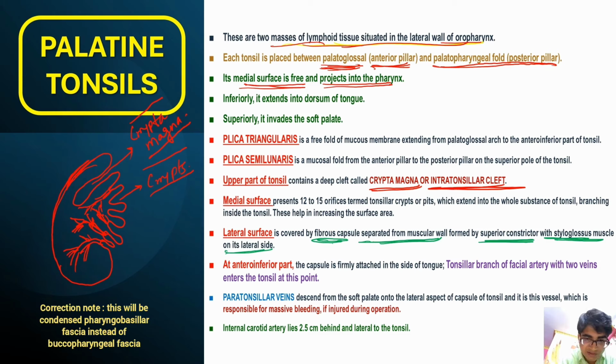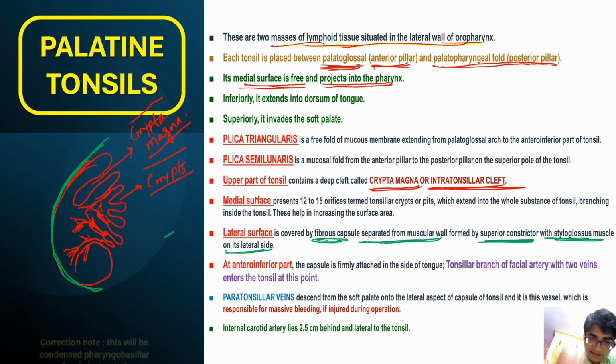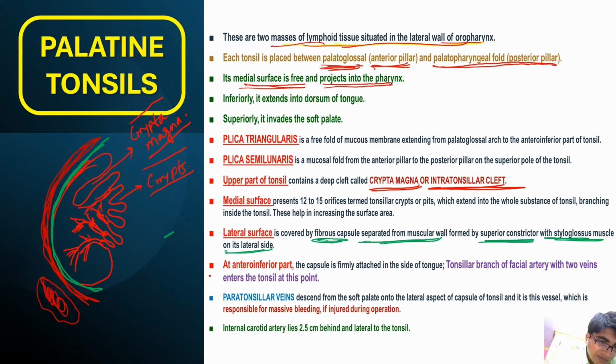So actually, firstly there is the buccopharyngeal fascia, then there are two muscles over here, the superior constrictor muscle and the styloglossus muscle. Correct?